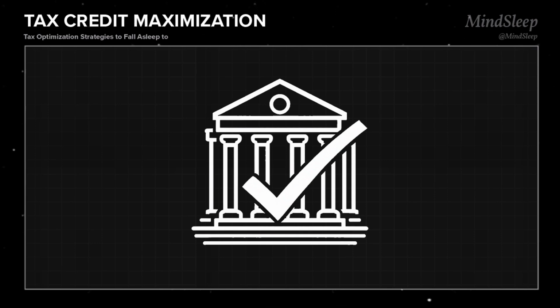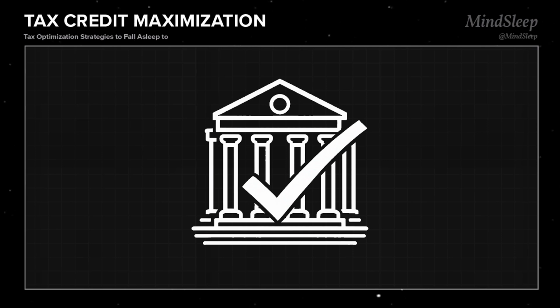Staying informed about these changes and understanding their potential impact on your tax situation will be crucial for ongoing optimization. In conclusion, tax credit maximization is a powerful strategy that can significantly reduce your tax liability.